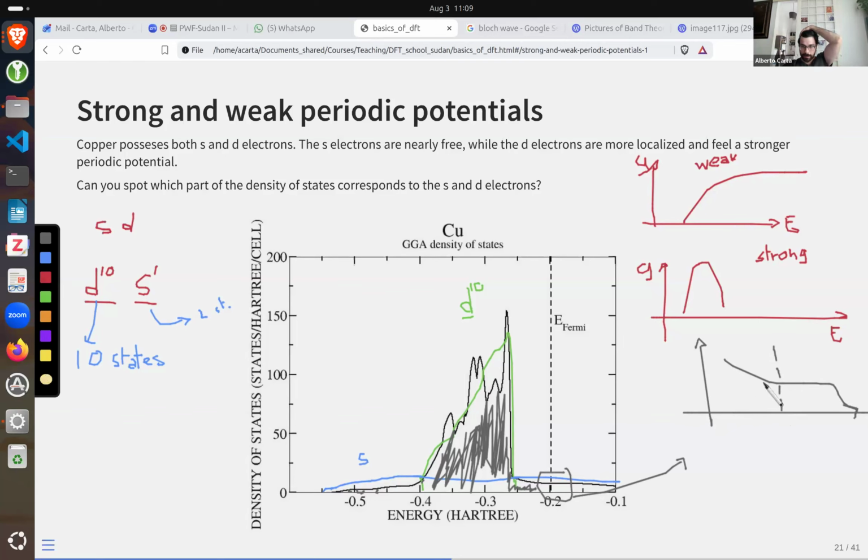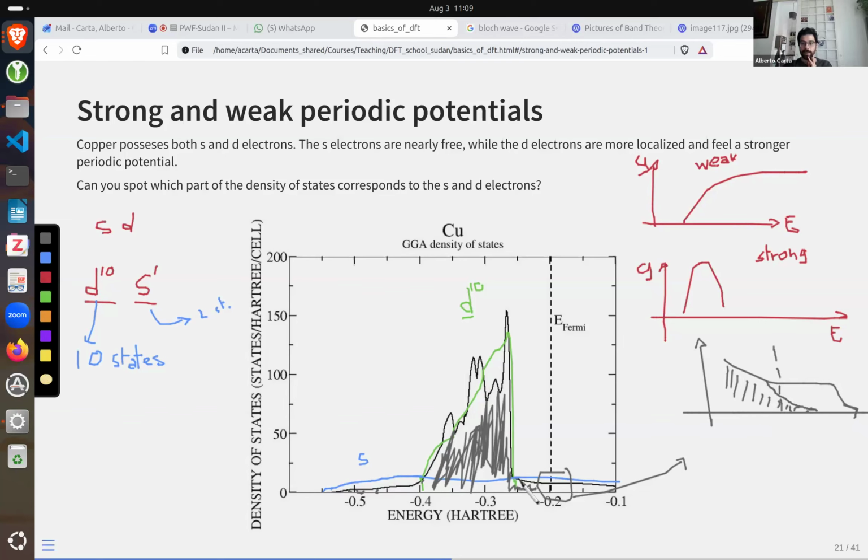Here you have some states that are completely full, and then some states that are empty. The states that I'm shading right now are full. And if you have a temperature, you start occupying a little bit the states above the Fermi level. Out of all these states, only some of them are going to be completely full. Yes, I understand it. Thank you all.